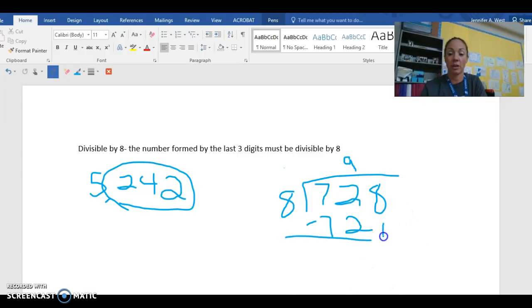Bring down the 8. How many times does 8 go into itself? Well, it goes in there one time. So we know that 728 is divisible by 8. You could even turn it into 67,728 and it would still be divisible by 8.